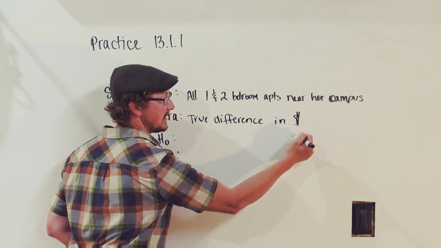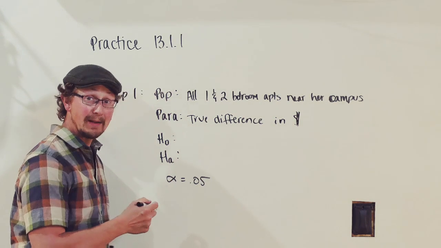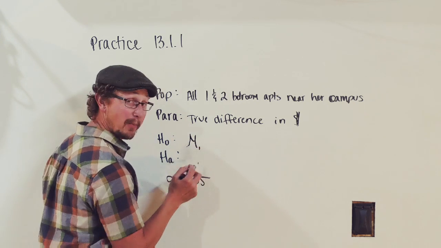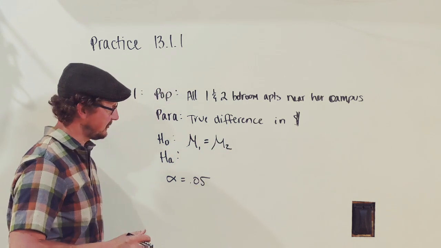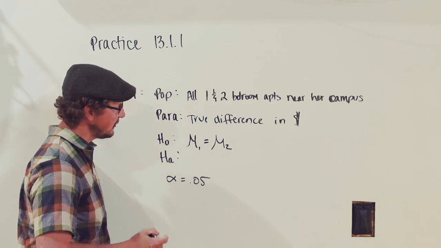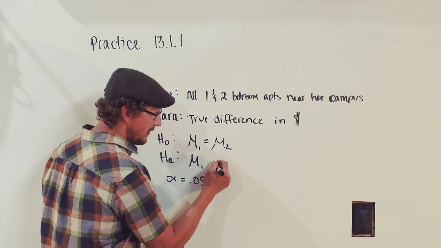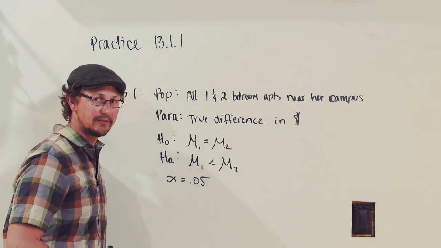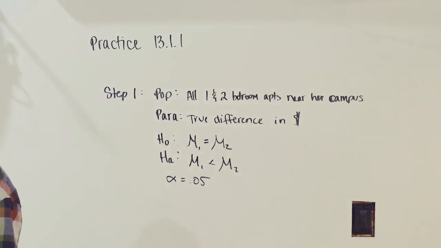So how much difference is there between 1 and 2 bedroom apartments? My null hypothesis is that 1-bedroom apartments are the same as 2-bedroom apartments. The alternative hypothesis is that 1 bedrooms are less expensive than 2-bedroom apartments. All right, there it is. That's all we need to start our problem.